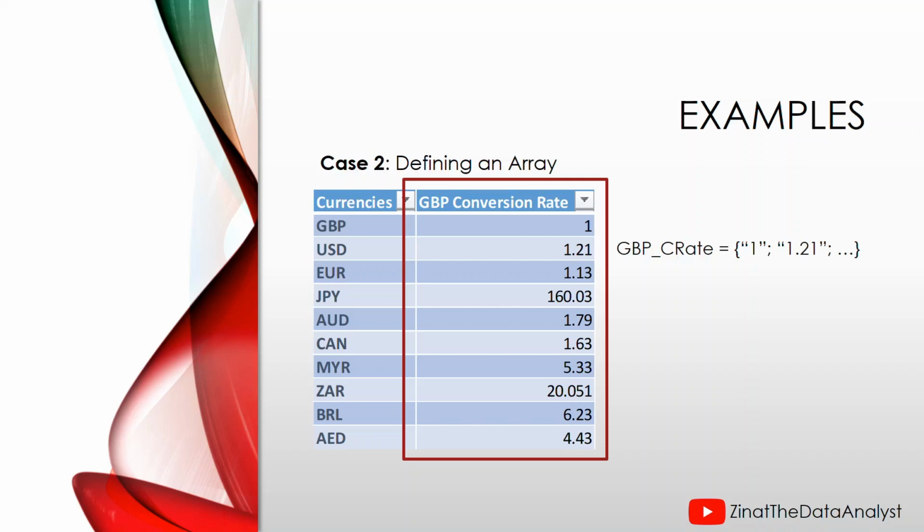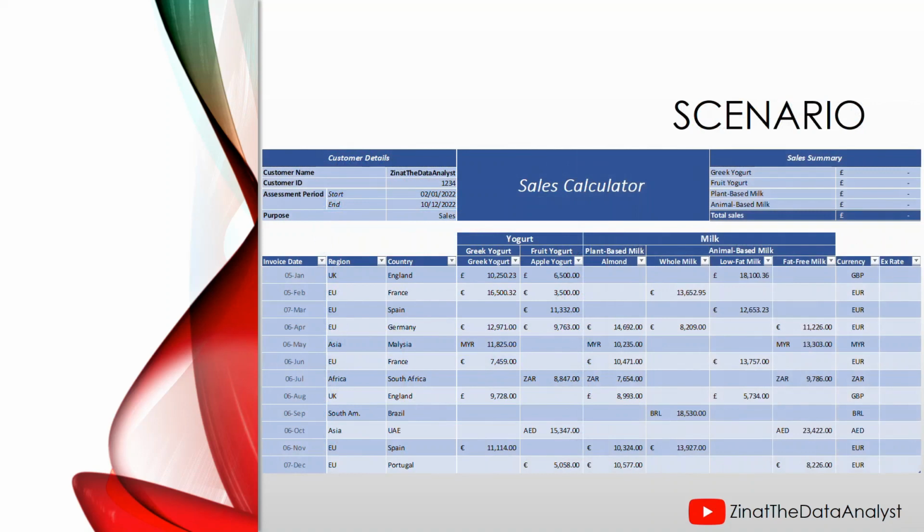Now it's time to look at a practical example. We are given this table showing invoice dates and sales prices in each invoice according to the country and local currencies. This table contains a customer table on the top left corner, showing customer details fetched from our database.